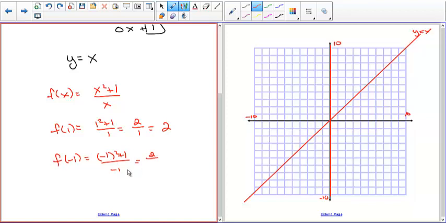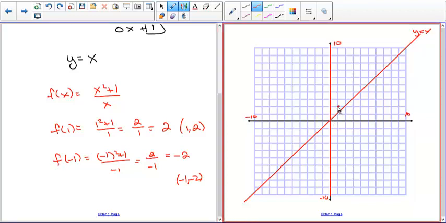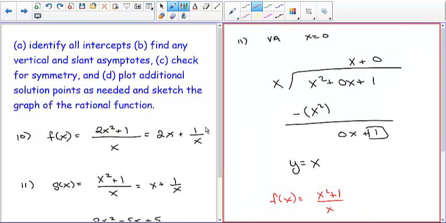The denominator is negative 1, so you get negative 2. So this is 1 comma 2, and this is negative 1 comma negative 2. So those are the 2 points. So you go 1 comma 2, the point right there, negative 1, negative 2. And again, you can sketch this thing in like that and like that. Okay, I think I'll change that next time and make it a different one.